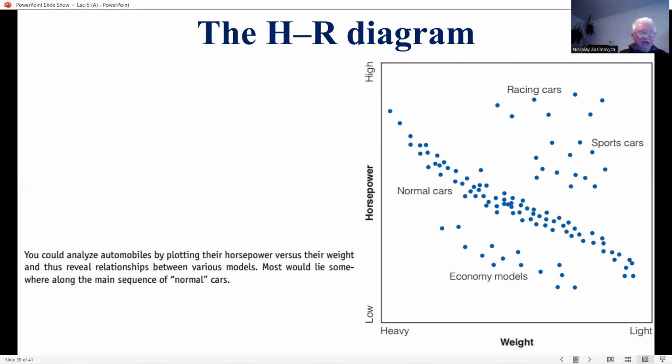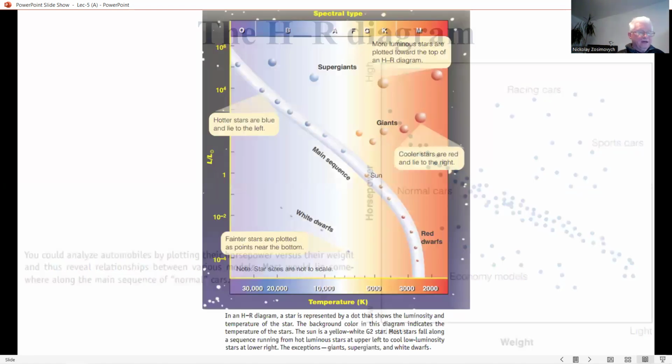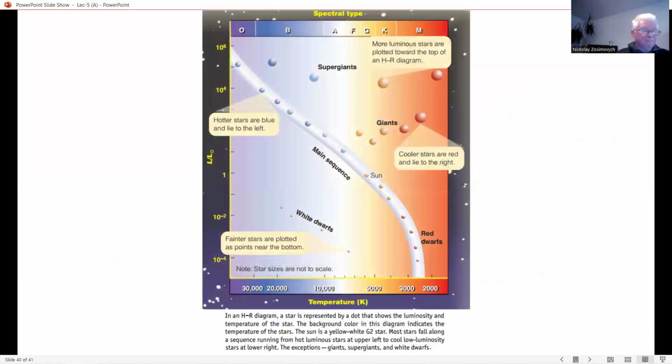Just as this diagram sorts cars into family groups, the HR diagram sorts stars into groups according to their height. The HR diagram is a graph with luminosity on the vertical axis and temperature on the horizontal axis.